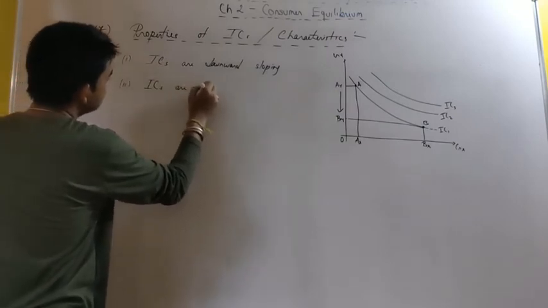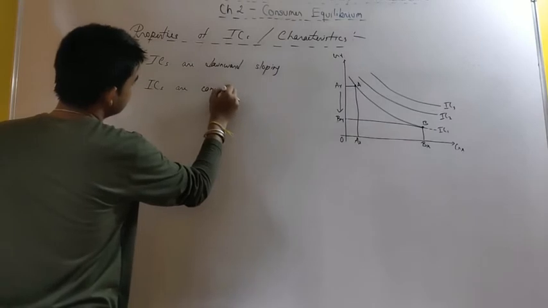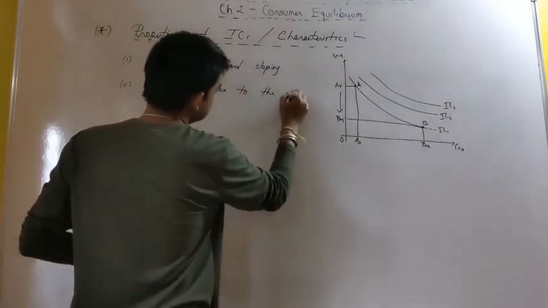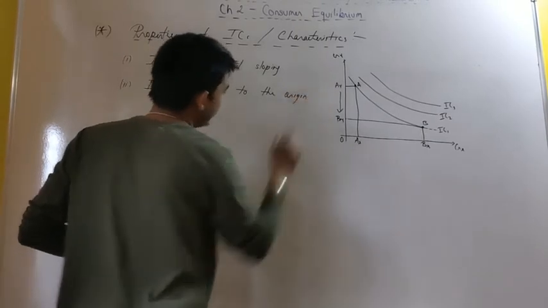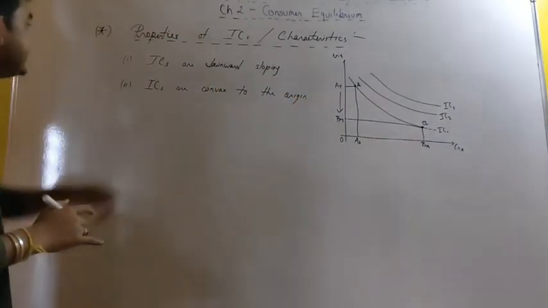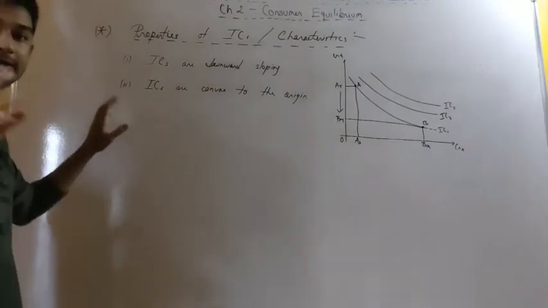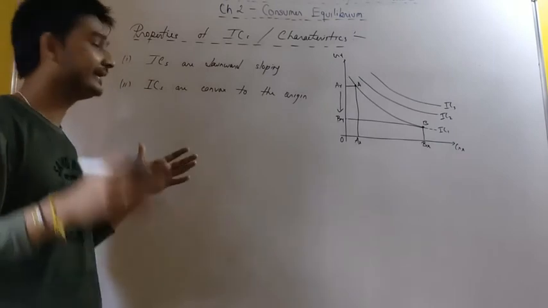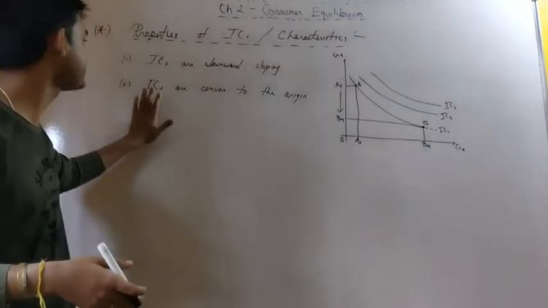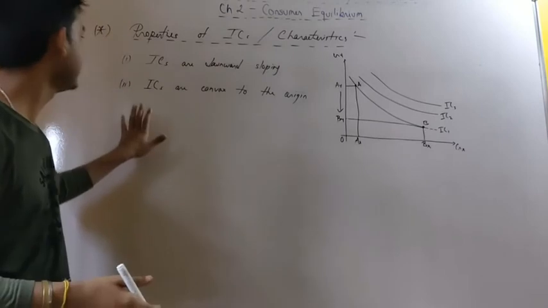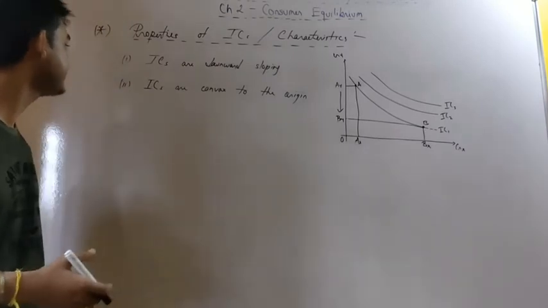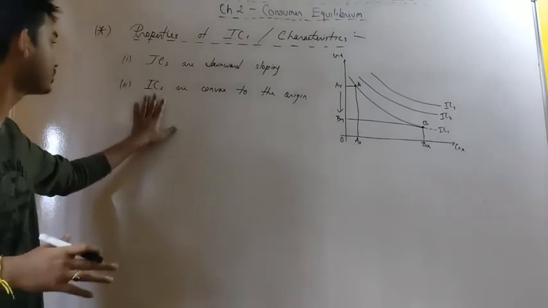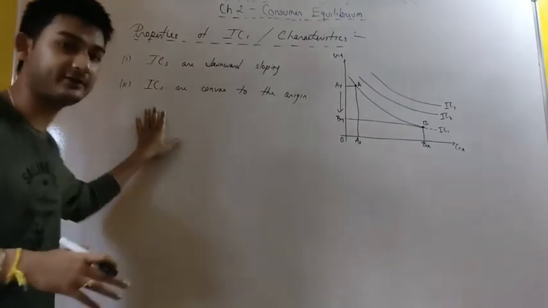Here, for sake of simplicity and to save time, I am just writing axes in a shortcut way, but while writing in the exam script, please do not write axes, just write indifference curve.